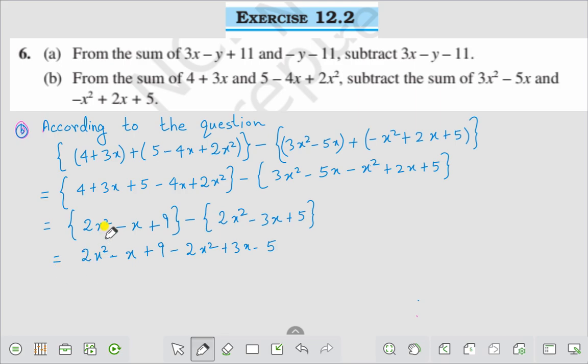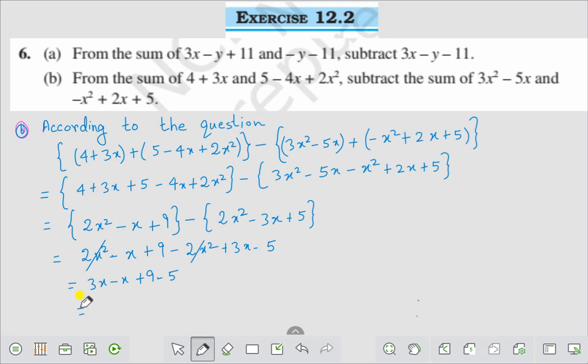You rearrange all the like terms, plus 2x square minus 2x square will cut, and 3x minus x plus 9 minus 5.